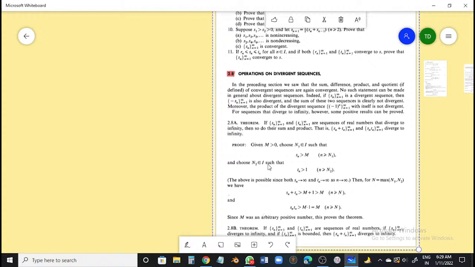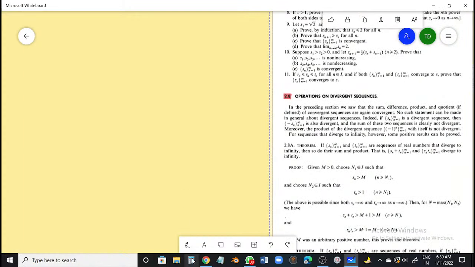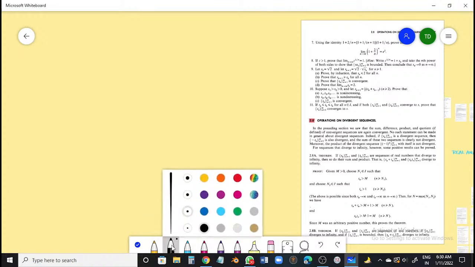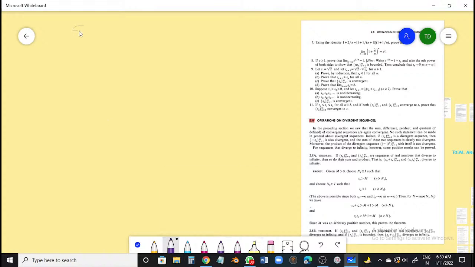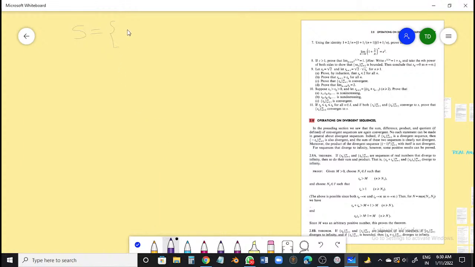Here, the concept of diverging to infinity we need to explain in detail. So let us see what the actual concept is. See here, we want to say Sn is divergent.